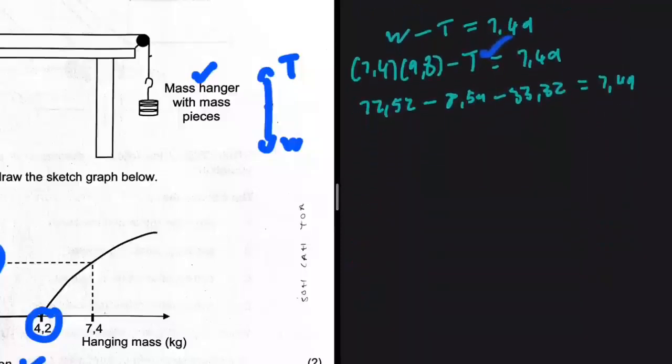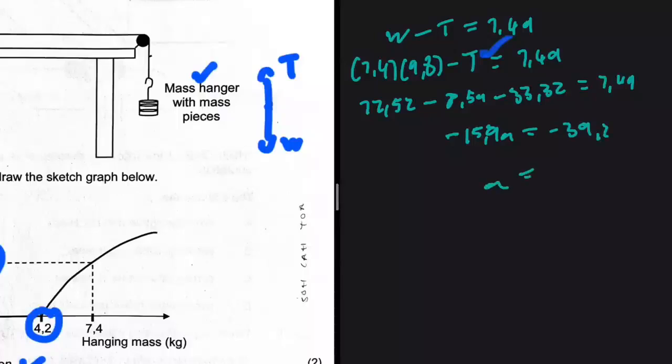So minus 8.5a minus 7.4a, that is minus 15.9a. This is equal to 72.52 minus 33.32, which is equal to 39.2. But when you take it to the other side, it is going to be minus 39.2.